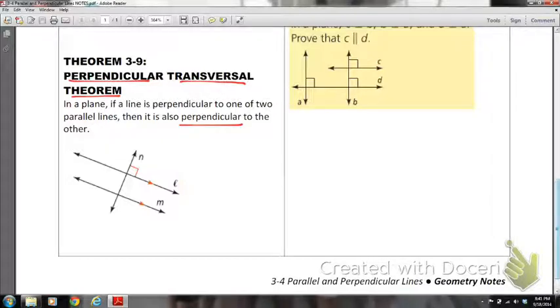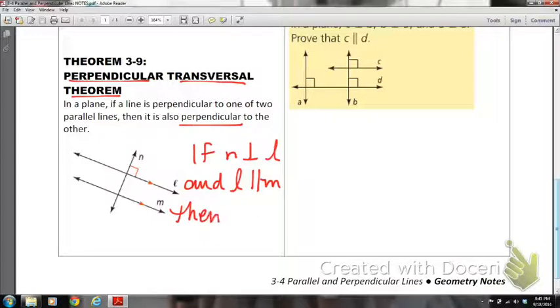In this diagram, we have line N perpendicular to line L, and we know that line L is parallel to M, so we can conclude that N is also perpendicular to M.